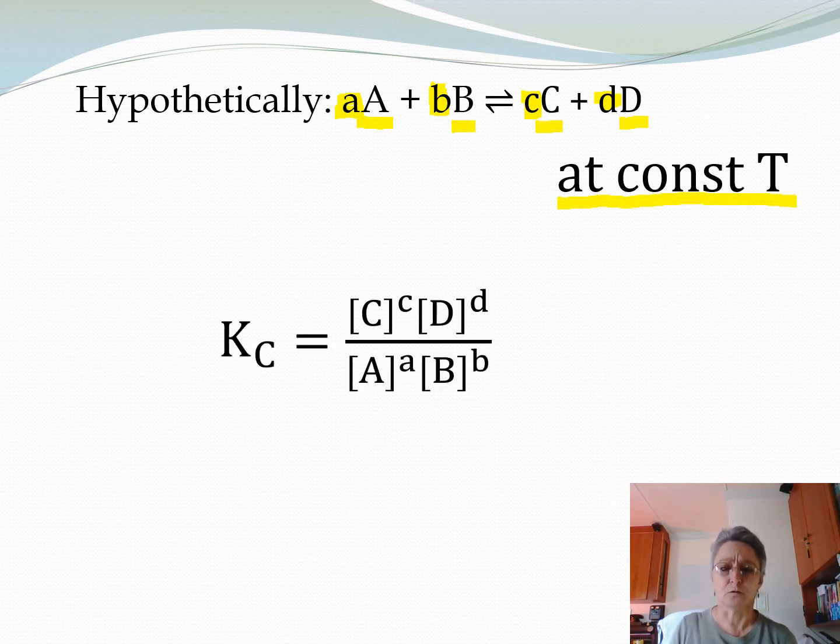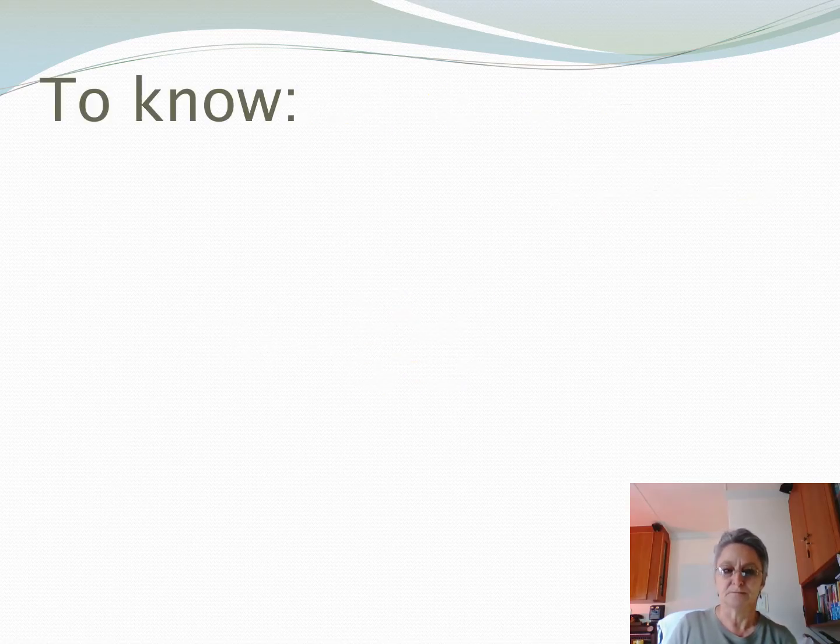The expression for this: Kc is the ratio of the concentrations of the products. So you have the concentration of C to the power c, the concentration of D to the power d, divided by the concentration of A to the power a and the concentration of B to the power b. So this is the hypothetical expression for the equilibrium constant.